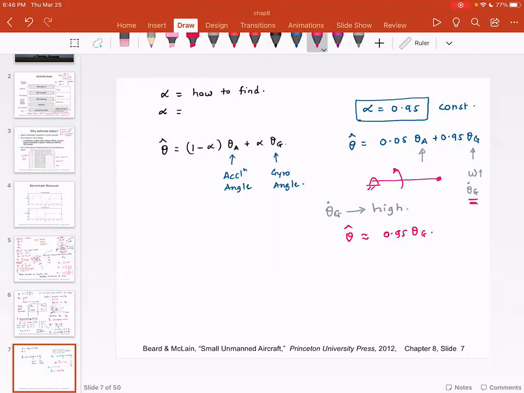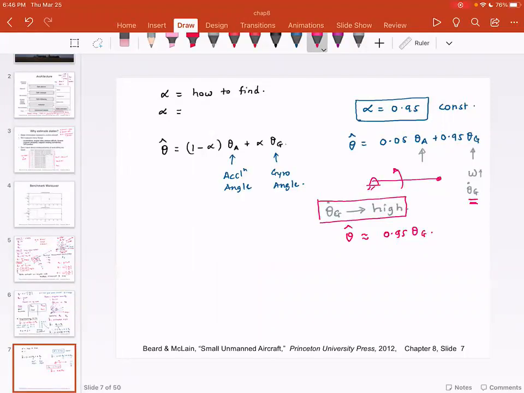Because theta g is theta dot g, which is the angular rate multiplied by the time. So which means my estimate is going to bias towards the gyro output. So when my theta dot g is very high, my angle is going to bias towards theta g.